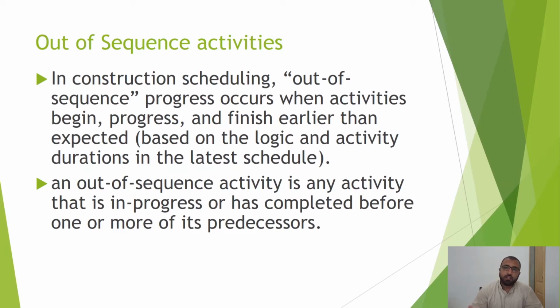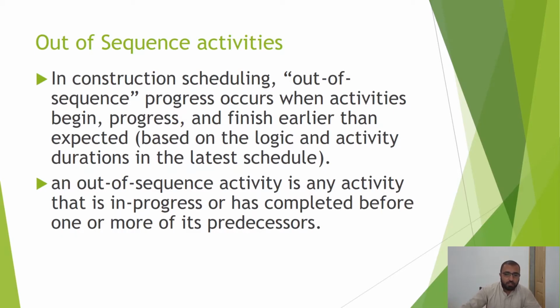This type of logic is called the soft logic, so it can be altered during the construction. Mostly in the soft logic, sometimes on the site the activities start before their predecessor is started, and they progress, or sometimes they finish earlier than their predecessor. That type of activity is called an out of sequence activity.